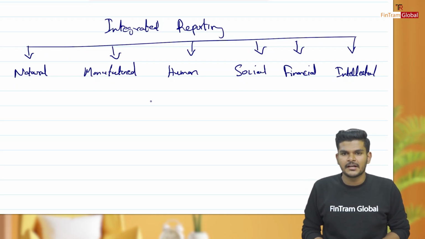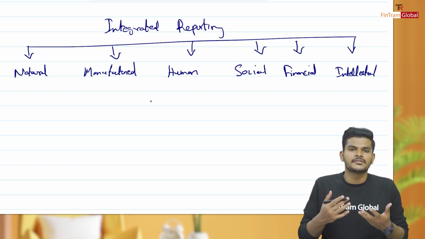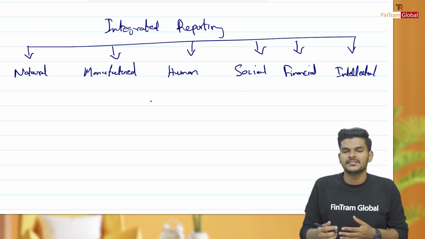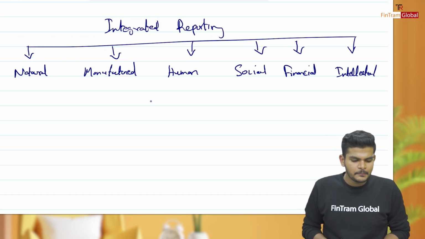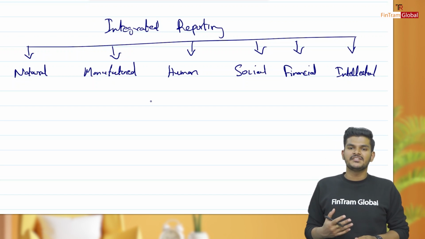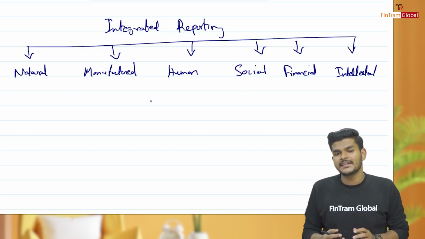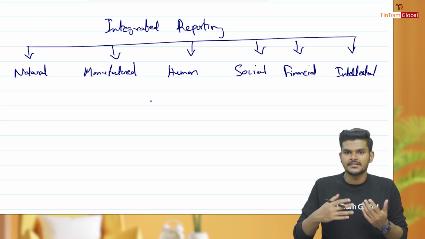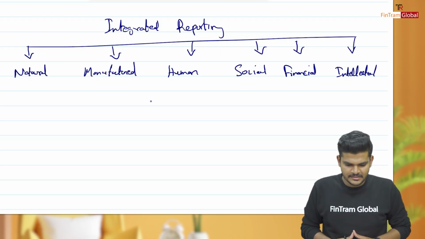Natural capital basically involves the natural renewable resources which the organization utilizes for their day-to-day operations, right? And then manufactured capital is the tools and machinery which are used for the manufacturing processes, right? Human capital, as we know, is the human resources, the staff, the employees, the managers, the people that are there in the organization, right?